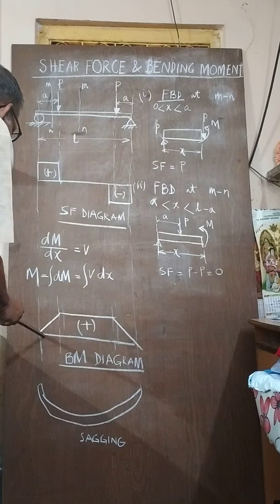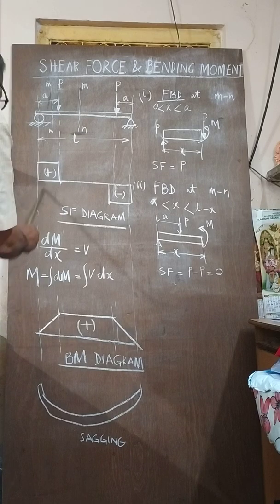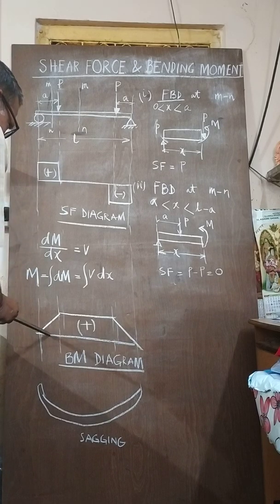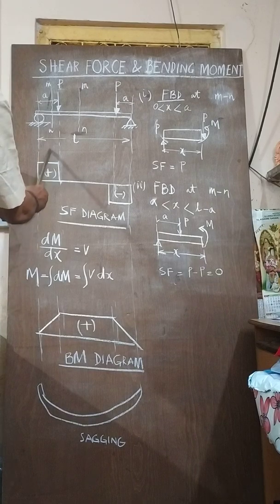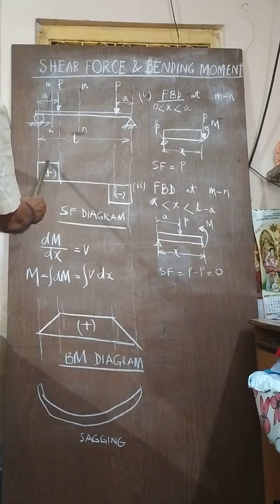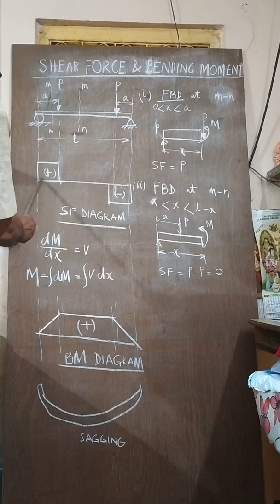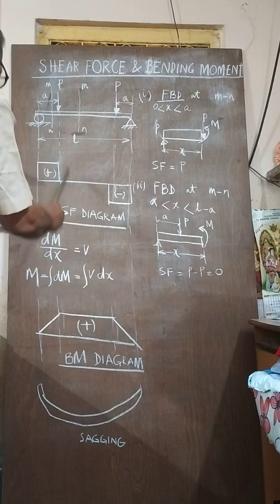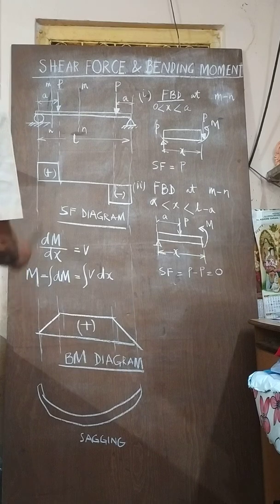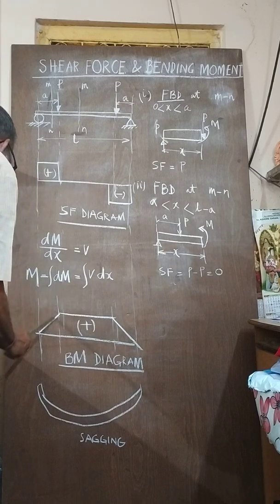That is the bending moment at this point, at the distance a by 4. Again, at a by 2, the area of the curve is a by 2 into P. So this is the corresponding bending moment value.